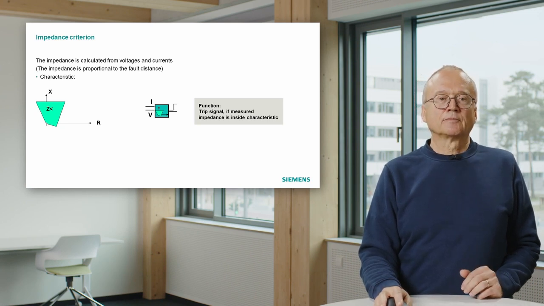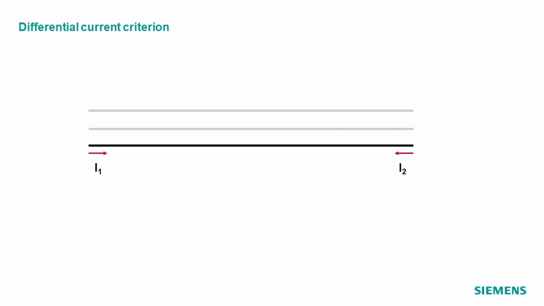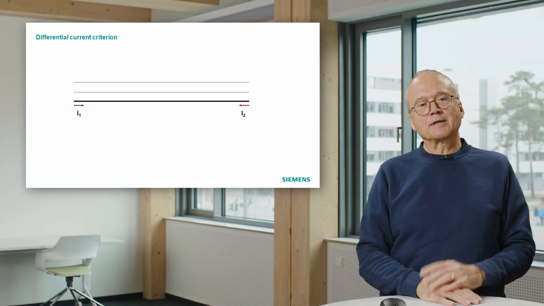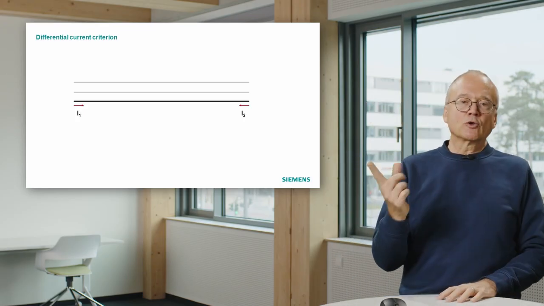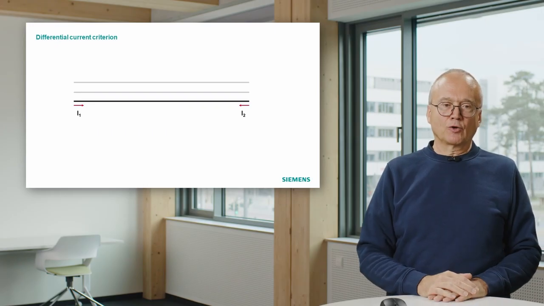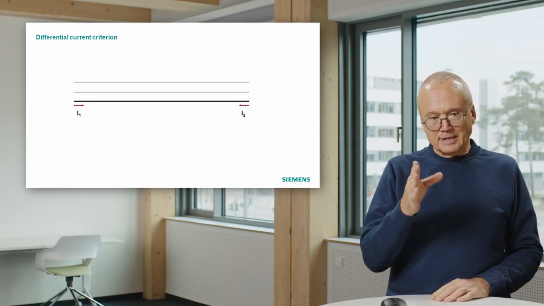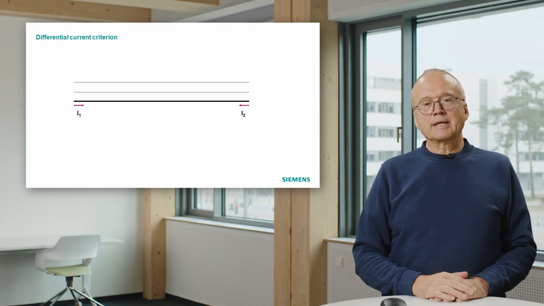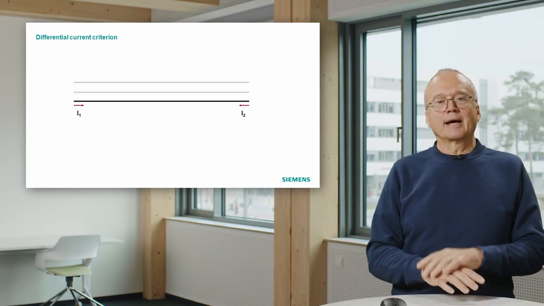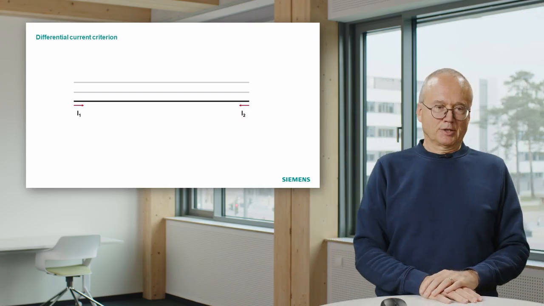Third criterion was the differential protection. What is the idea there? Remember, you have a simple line. I indicate here the three phases. I first of all focus just on one phase. You measure the current at both ends of the line, in this case indicated as I1 and I2. Normally, current flowing into the line is calculated as positive.